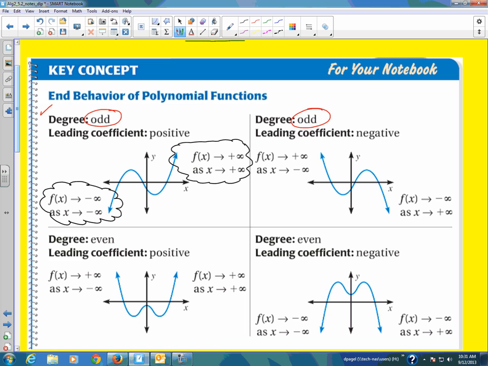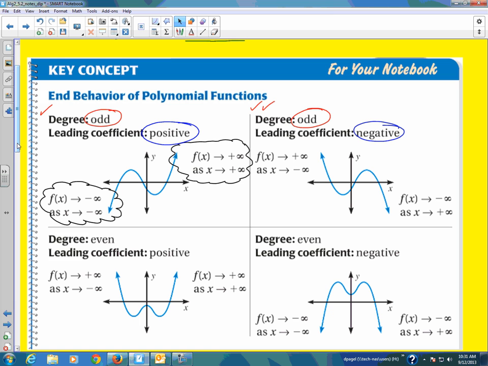Or in the other one, they're starting in the upper left and ending on the lower right, so they're switched. What determines the switch is the lead coefficient sign. Is it positive or is it negative? If it's a positive lead coefficient, I end up with this graph that we see here.